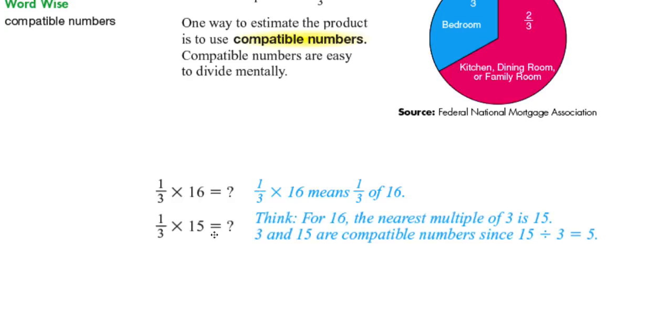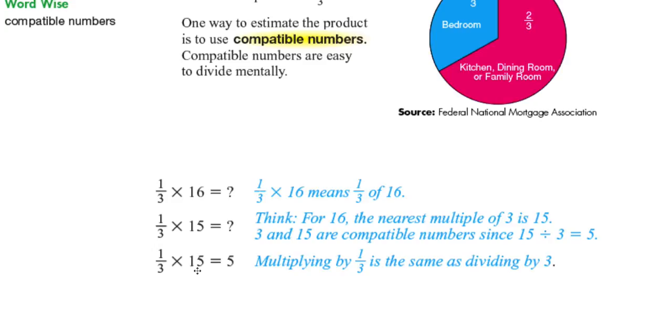So 1/3 times 15. For 16, the nearest multiple of 3 is 15. 3 and 15 are compatible numbers because 15 divided by 3 gives a quotient of 5. And 1/3 times 15, if you do the math, is equal to 5.